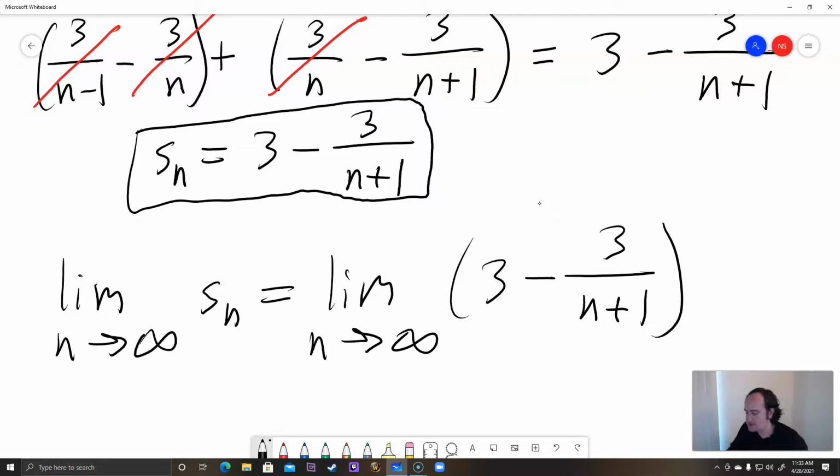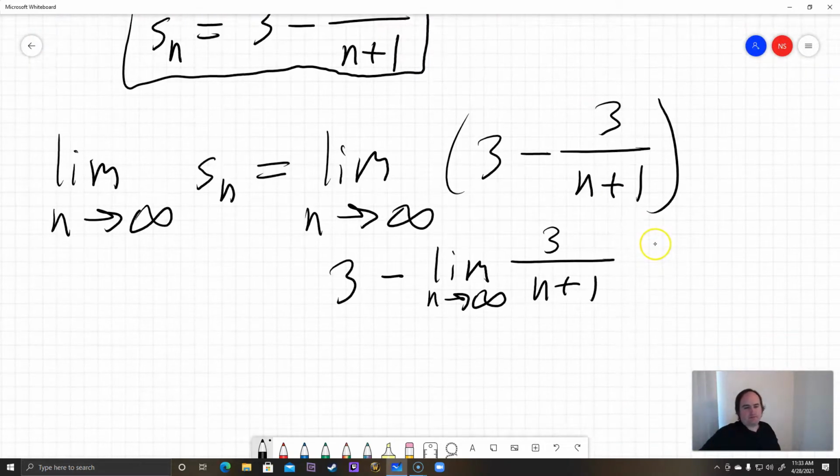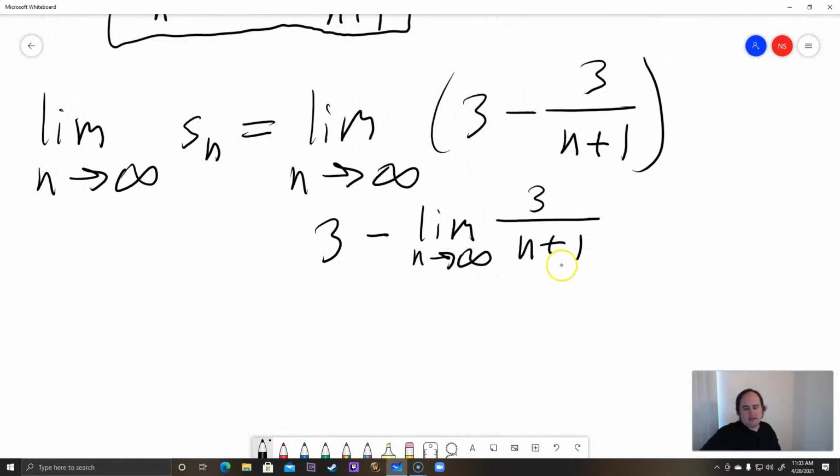The limit as n goes to infinity of 3 is just 3. And then the limit as n goes to infinity of 3 over n plus 1. Well, the denominator is going to be going to infinity, but a fixed number over infinity is going to go to 0.